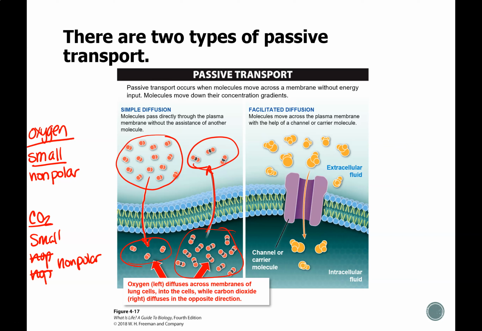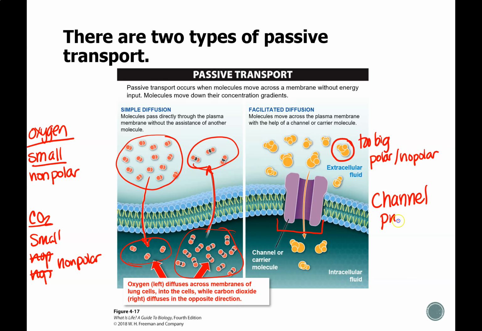But with facilitated diffusion, we have molecules that are too big, or generally polar, or they can be nonpolar too. Too big, but generally polar, and cannot just cross the membrane on their own. In order to get into the cell, even though it's going by diffusion, it requires a transport protein. So this is a big protein with a channel down the middle.